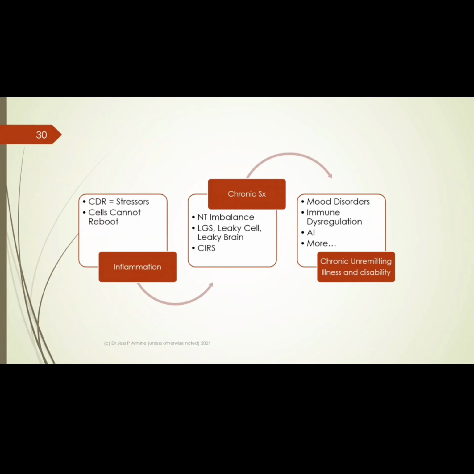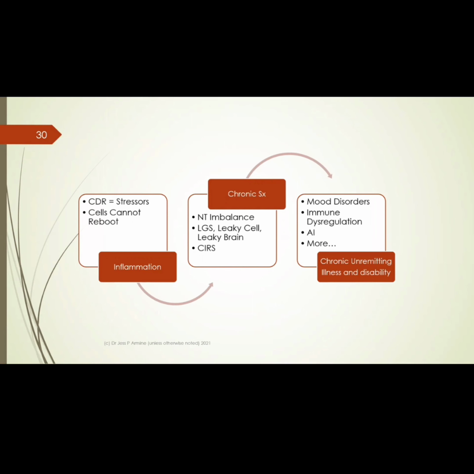So when you have a chronic cell danger response, the cells are unable to reboot their homeostatic or allostatic mechanisms. This is what causes inflammation and results in neurotransmitter imbalance, leaky gut, leaky cell, leaky brain.